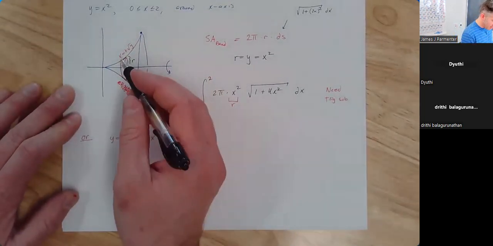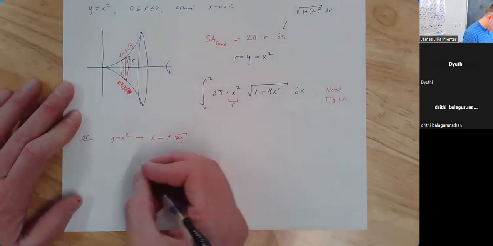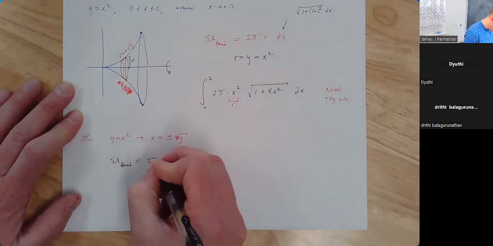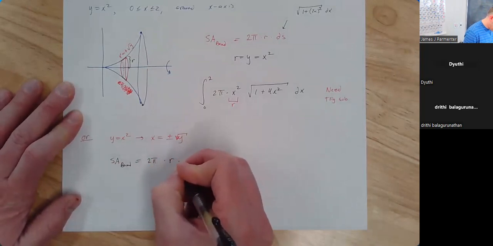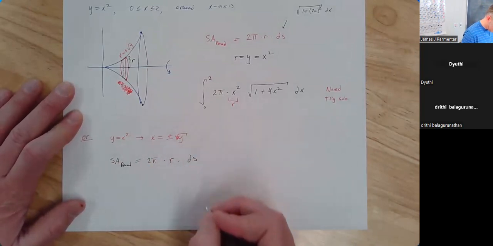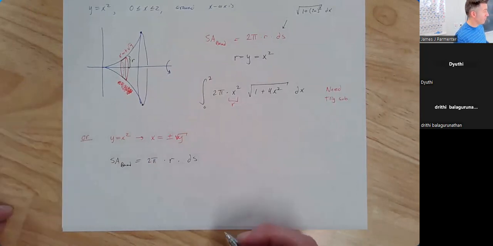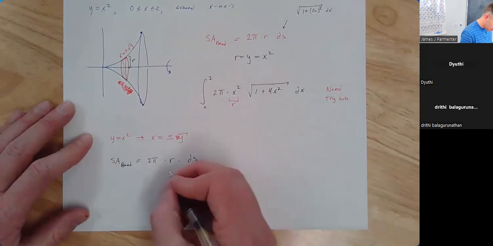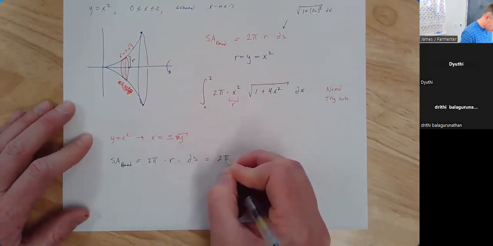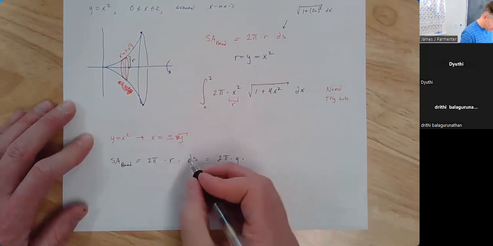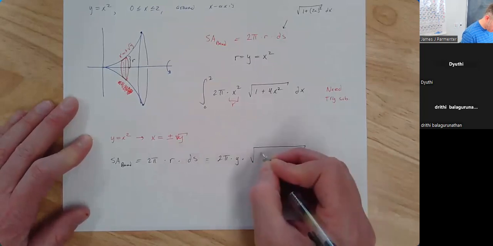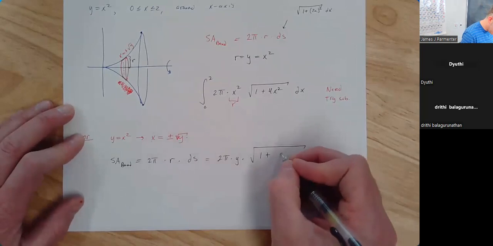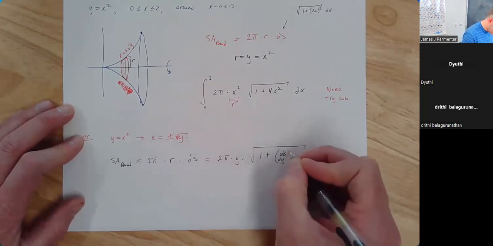Then what we could have said instead is, our surface area of our band is 2 pi times the radius times the ds. But here, if we're doing things in terms of y, our radius is just y. And our ds is the square root of 1 plus, since we're writing x as a function of y, dx dy squared.